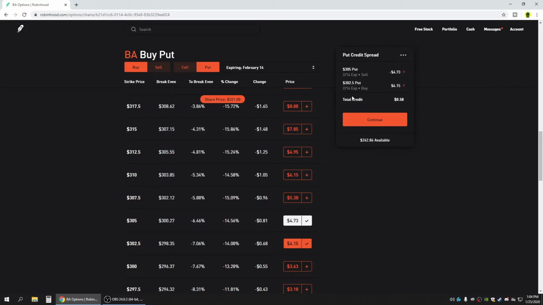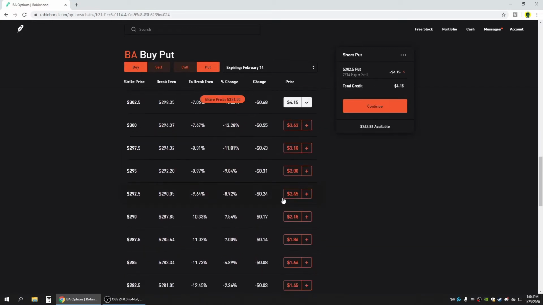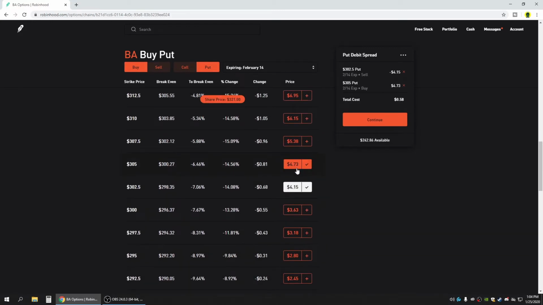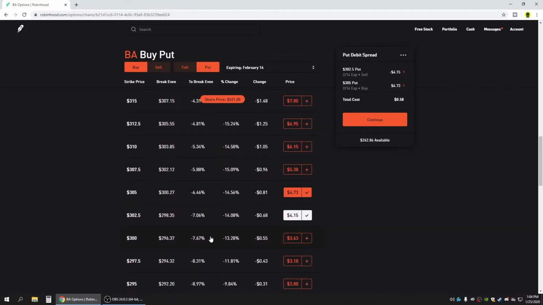The risk in this play is 192, and if we were to do the debit spread, we would sell the 302.5 and buy the 305, and we'd have a total cost of 58. So we wouldn't have a risk of 162 like the other play, but what this is saying is that Boeing is going to go below 302.5 by expiration.